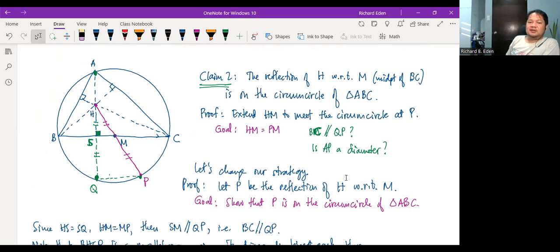So that means, yun nga, the reflection of H with respect to the midpoint M is definitely going to be on the circumcircle. Nice. Yep.